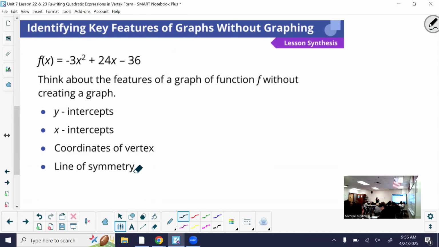So, for example, what form is it really easy to see the y-intercept from? Is this one in standard form? So you should be able to tell me the y-intercept right away. I won't say it right now, but you should be able to. For the x-intercepts, what form is it really easy to see those from? Factored form. You guys learned how to factor.